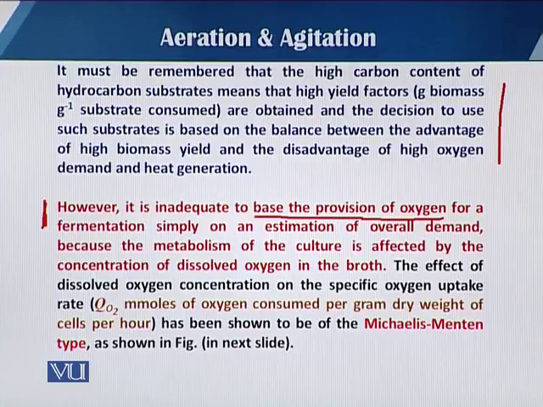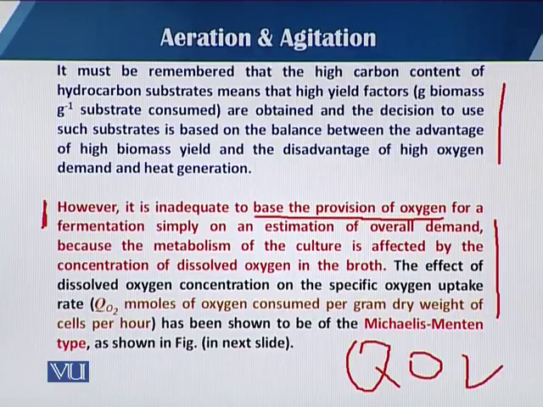So consider the effect of dissolved oxygen, because the organism has to utilize the oxygen in the form of dissolved oxygen. The effect of dissolved oxygen concentration on the specific oxygen uptake rate, QO2, that is the moles of oxygen consumed per gram of dry weight of the cells per hour, we can see in our next slide.